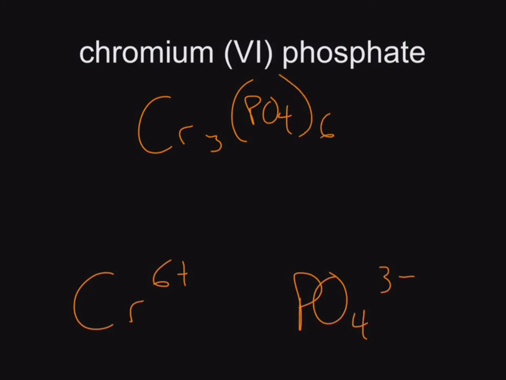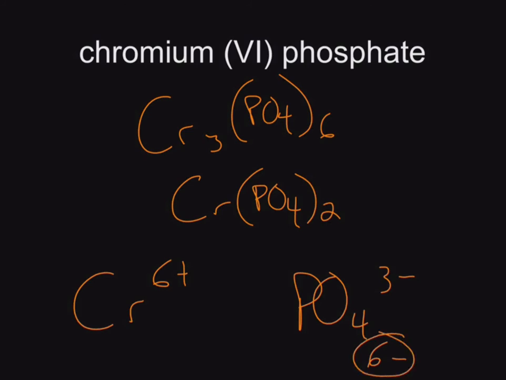Now that can be simplified though, because 3 and 6 can both be divided by 3. So what I end up with is Cr(PO4)2. 2 phosphates would give me a total of -6. 1 chromium 6 gives me a total charge of +6, so they cancel out.